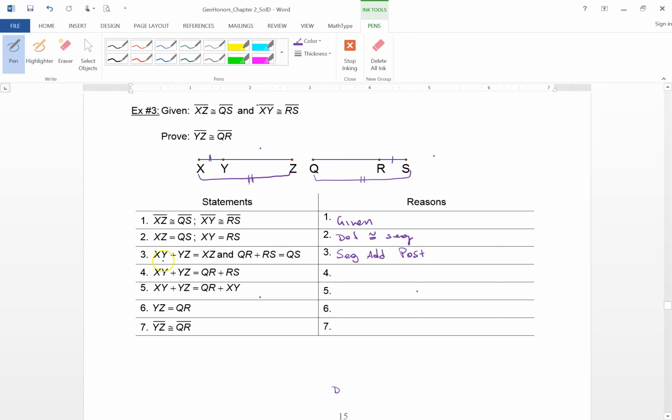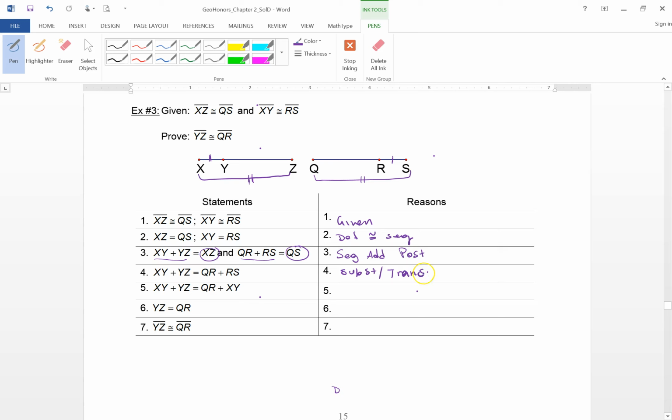Okay, so look. If this is equal to XZ, and if this is equal to QS, and those two are equal to each other, then these two are equal to each other. So substitution or the transitive property, both will work.